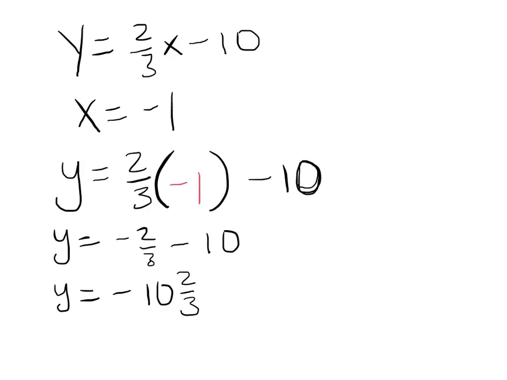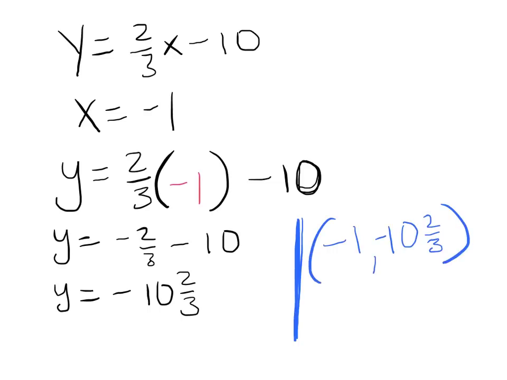The coordinate of this input-output pair is -1 and -10 and 2/3. This is called an ordered pair because we have an associated input with the output that it produces.